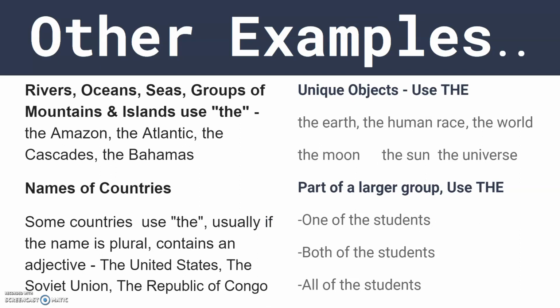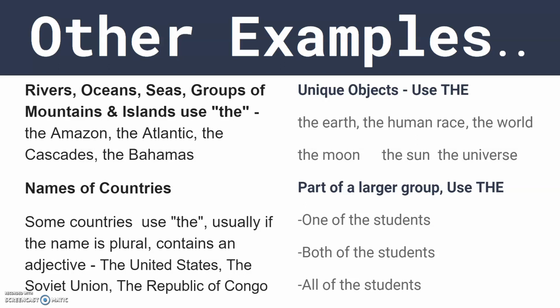And there are some more rules we need to remember with the. The is often used with rivers, oceans, seas, groups of islands, groups of mountains, and islands. The Amazon, the Atlantic, the Bahamas. Also, names of countries, if the name is plural or it contains an adjective. The United States, the Soviet Union, the Republic of Congo.